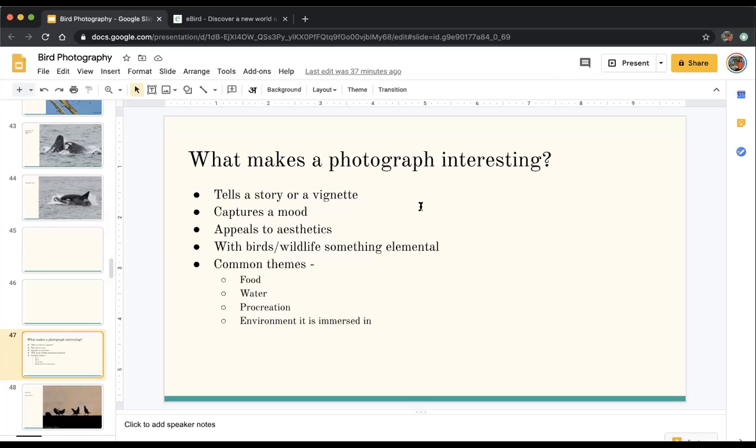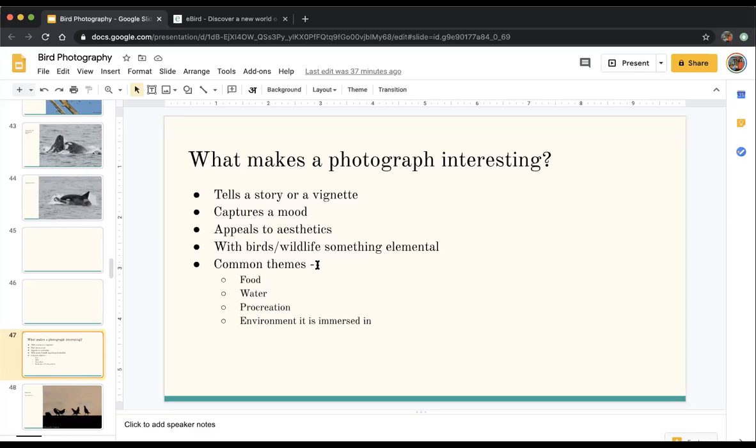Like for instance, the juvenile bald eagle carrying that skull and spinal cord around with it. There's something very elemental about that. And so the common theme is, all of them have to do something to feed themselves. They have to get water to drink.